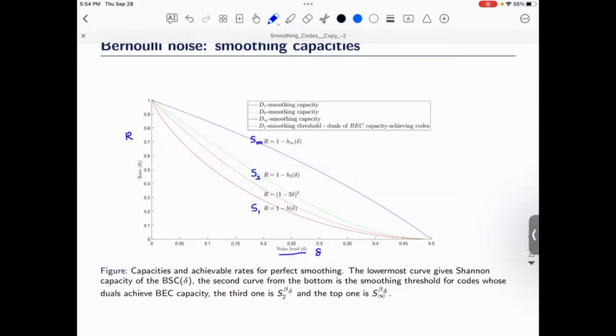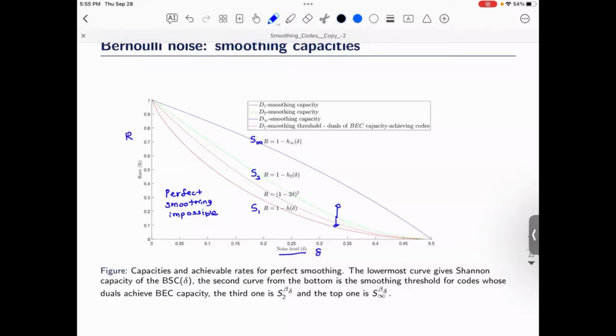So above these curves, perfect smoothing is possible, but below these curves, perfect smoothing is impossible. So for instance, let's say we consider the curve for our D2 smoothing capacity. We know that we cannot achieve perfect D2 smoothing below this.